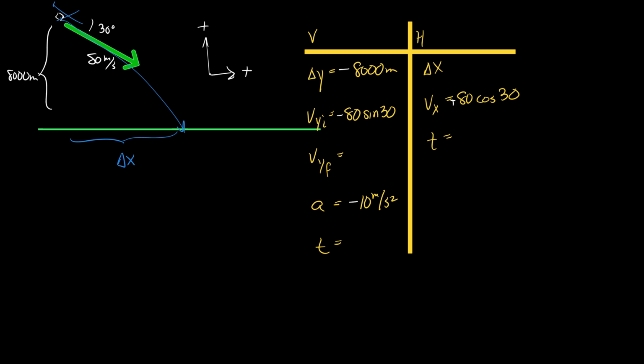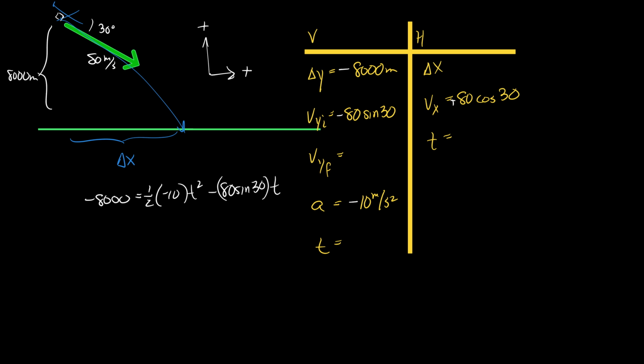So I need to figure out the time. I think we'll get that from all this stuff that's right here. So negative 8,000 equals 1/2 times negative 10 t squared plus, oh no, not plus, minus 80 sine 30 times t. We need to solve that for t.